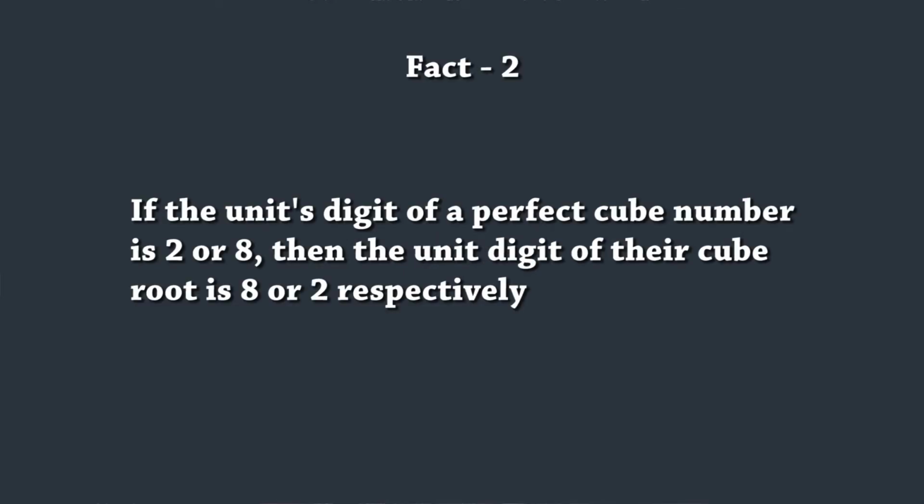Step 1. 238,328 can be made into 2 groups such that the first group contains 238, the second group contains 328. Step 2. Since the unit digit of 328 is 8, the unit digit place in the answer must be 2. For this, let us see the fact 2 in the above chart.